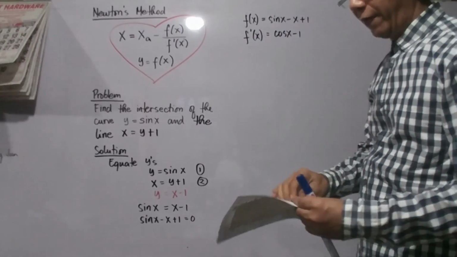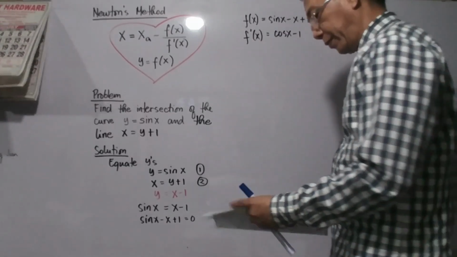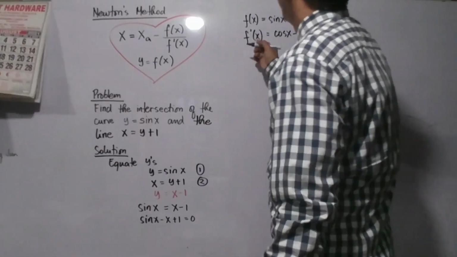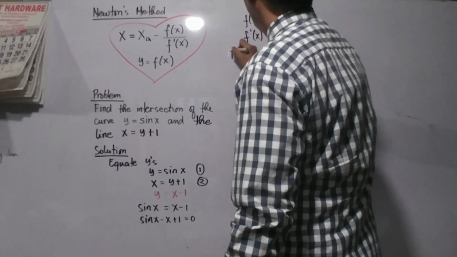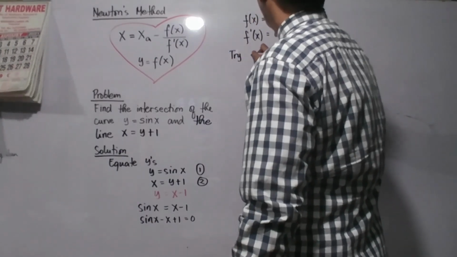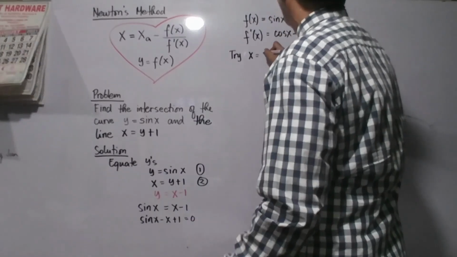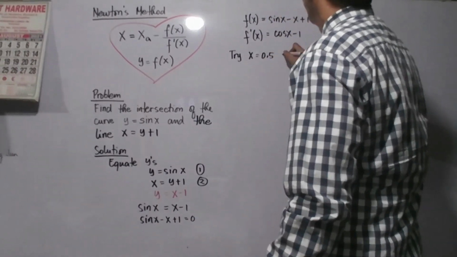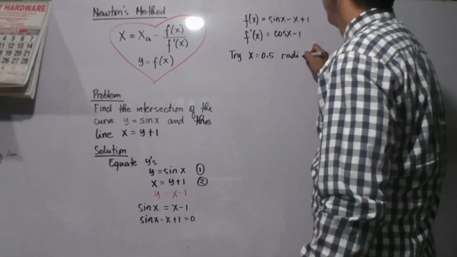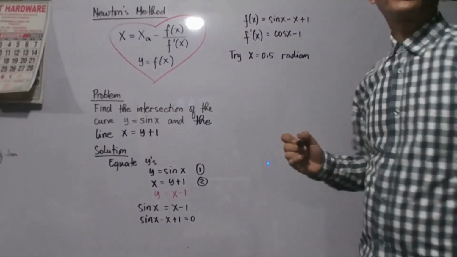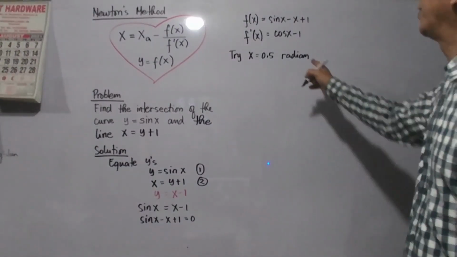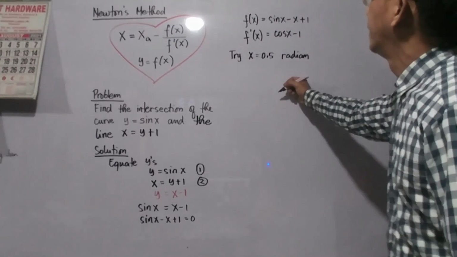Okay? So first, try x equals 0.5. This is in radian. Then substitute the value of x.